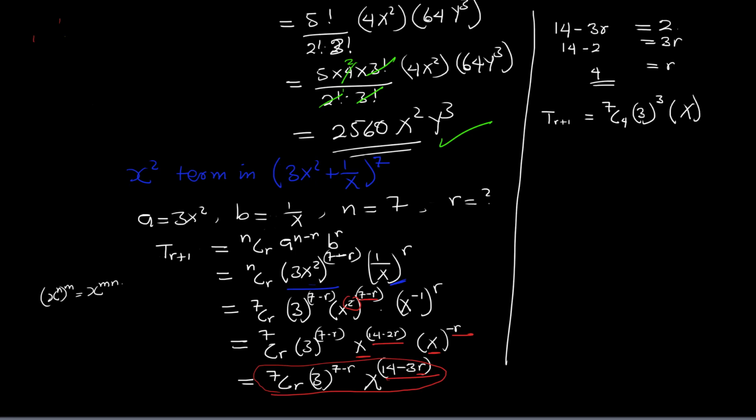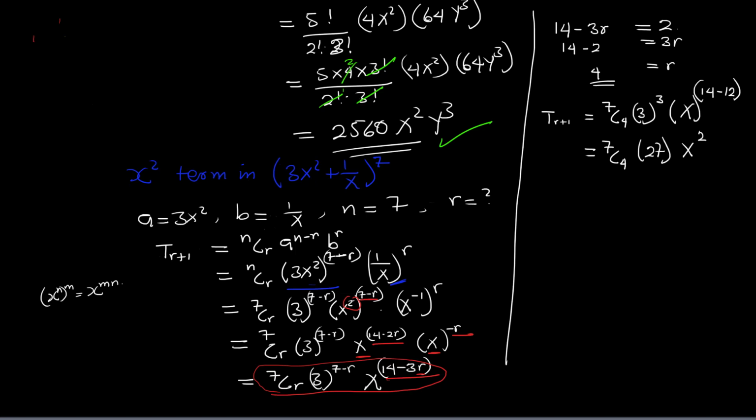We have x to the 14 minus 3r, which is 3 times 4, is 12. This gives us 7 combination 4, and 3 raised to the power 3 is 27. x raised to the power 2, because 14 minus 12 is 2.